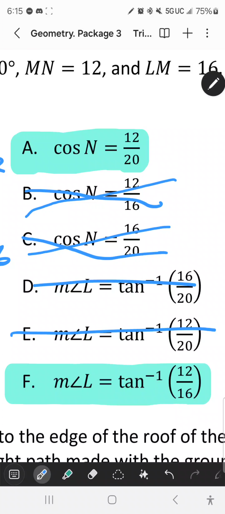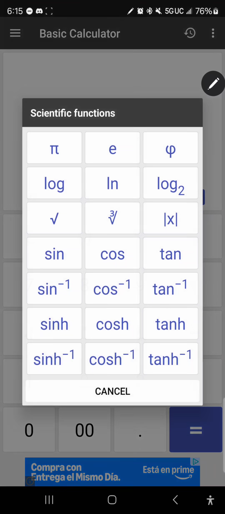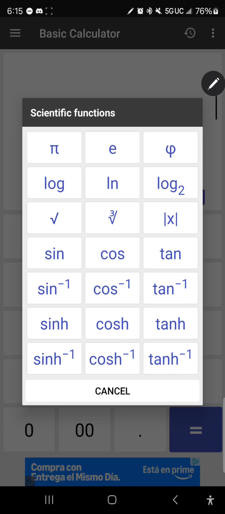Now, what I was saying before is that this may be weird because you have never seen the tangent to the power of -1. It's just the way we calculate the measure of the angle. On your calculator, it could have the -1, or arc tangent, or whatever.